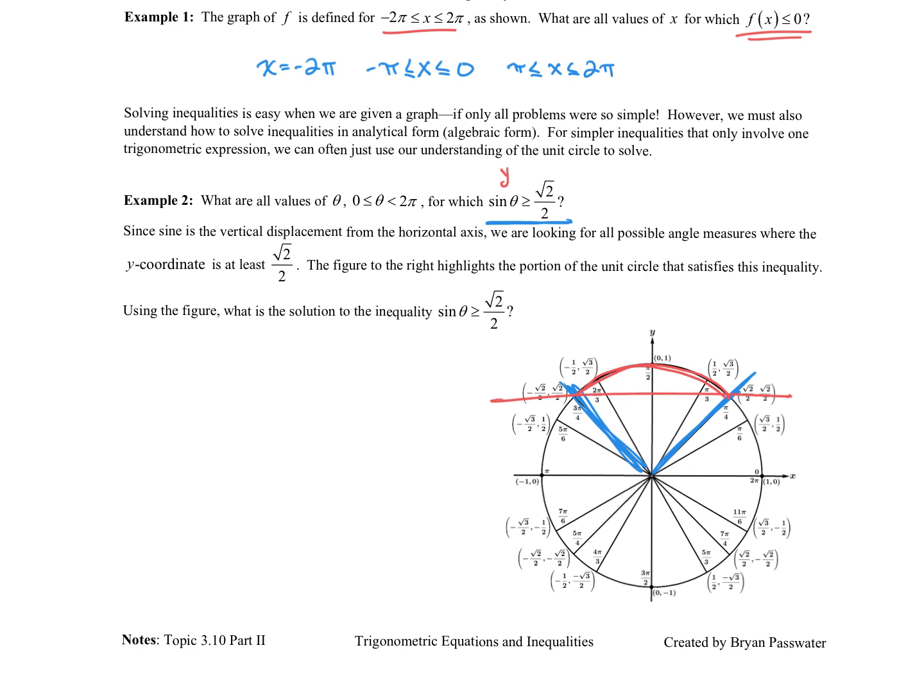That interval would be from pi over 4 to 3 pi over 4. Now, why is this a less than or equal to instead of just a less than? Because it includes it this time. So we have to figure out if it includes or doesn't include on a lot of these.